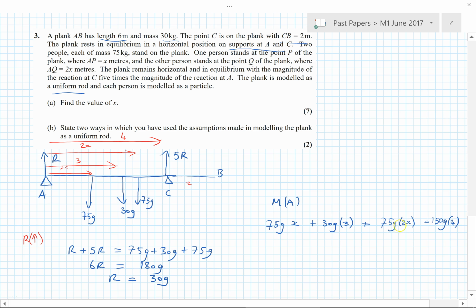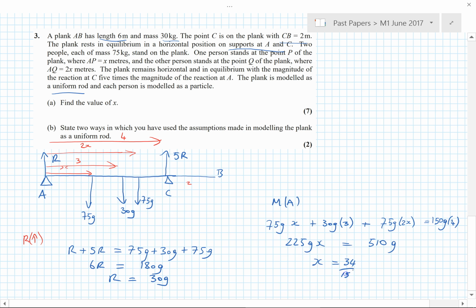That's 75G x there, and 150G x there, so that's 225G x, and then taking this here is 600, take away 90, so that's 510G. Dividing those, G cancels and we get x is equal to 34 over 15.